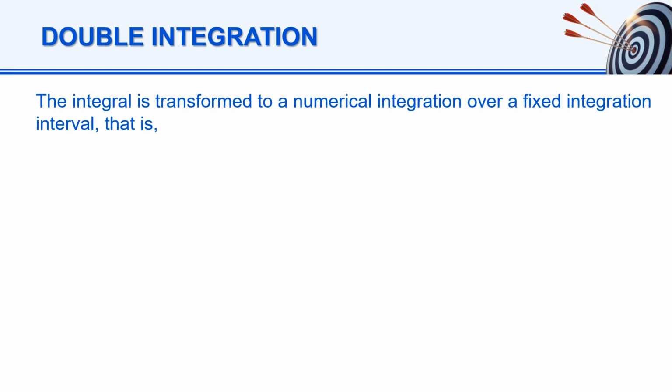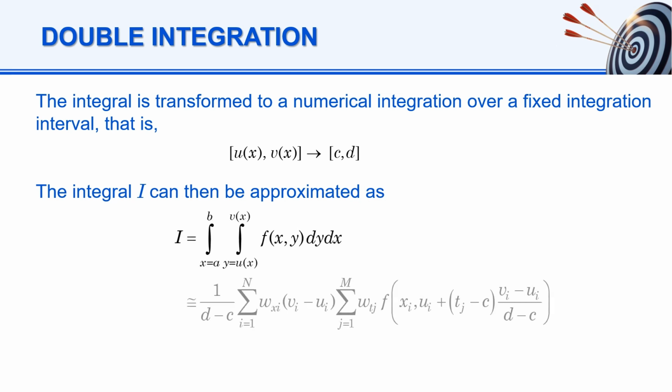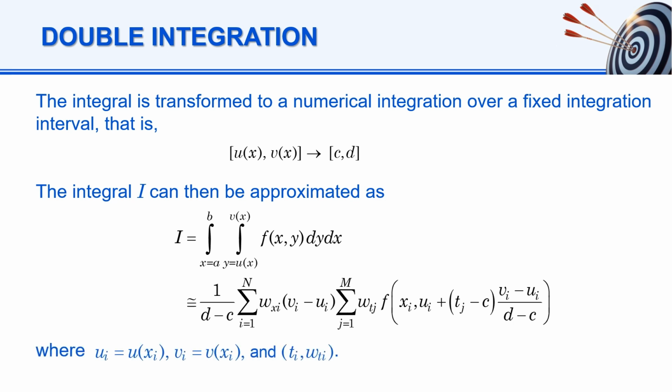The integral is transformed to a numerical integration over a fixed integration interval. That is, the integral can then be approximated as follows, where u_i, v_i are evaluated at x_i, and t_i, w_ti are the quadrature for integration over the t variable.